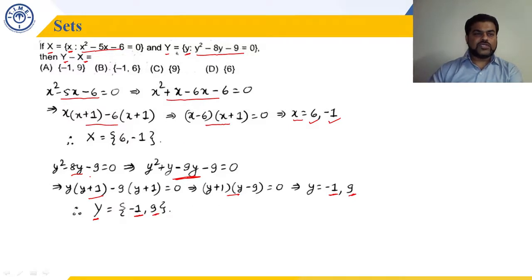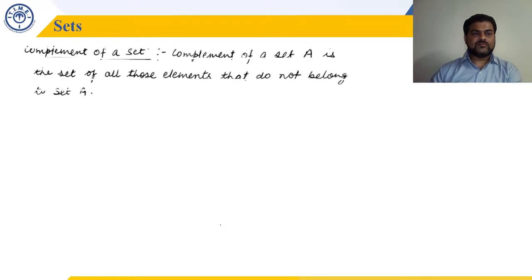The question is asking what is Y minus X. When we do set Y minus set X, I have to look for those elements which are present in Y but not in X. Which are the elements present in Y but not in X? It is only 9. So Y minus X will be 9. Okay, clear? Let's move ahead.